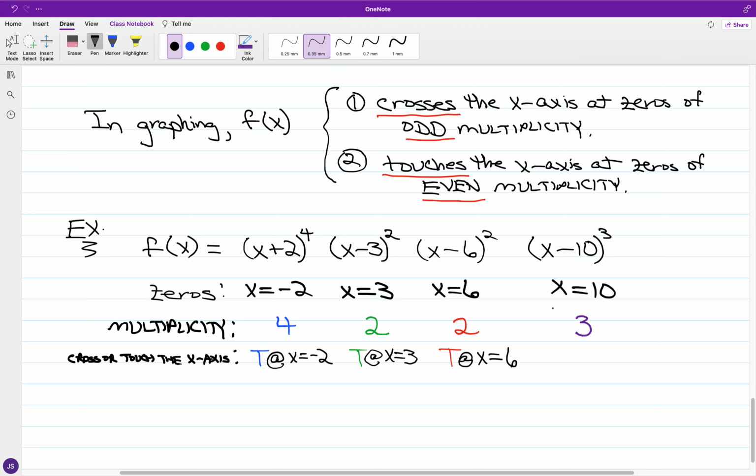And out of the 4 zeros, only 10 has an odd valued multiplicity, and so it is there that the graph is going to cross, at x equal to 10.